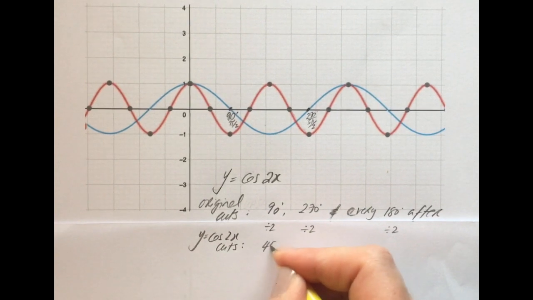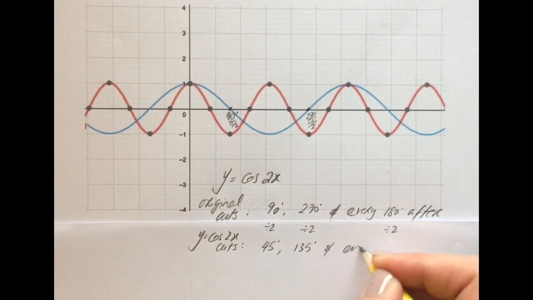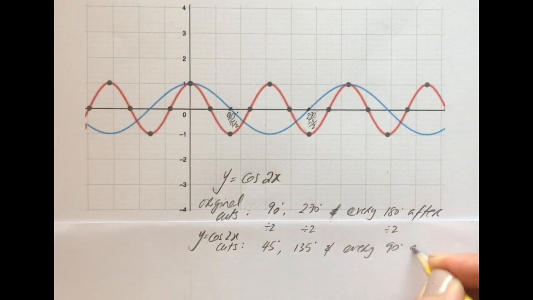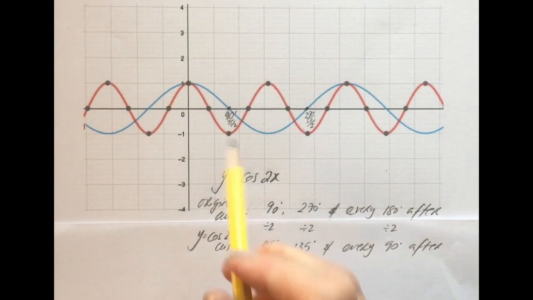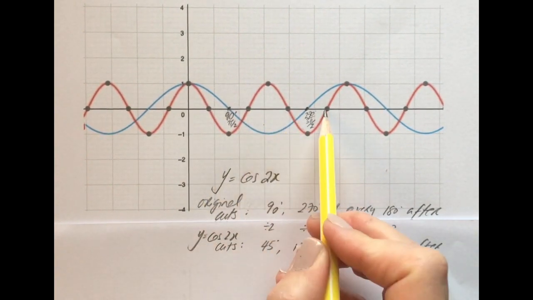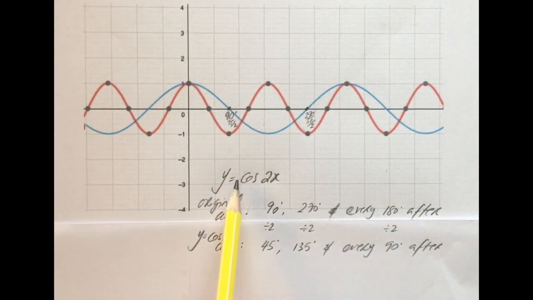It is going to be of course 45 degrees, 135 degrees, and every 90 degrees after that. And they are where the cuts now are. The range, of course, is still -1 to 1, as there's no number in front to affect the amplitude.